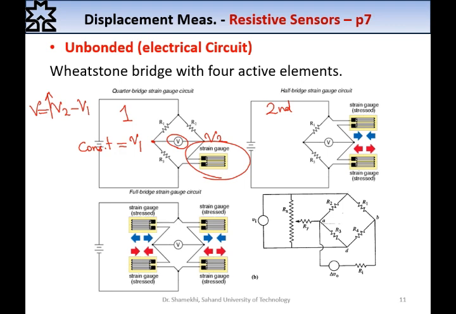Remember that A and D were similar and B and C were similar, but these two strain gauge types in the previous slide were acting in different ways, inverse action, inverse output.